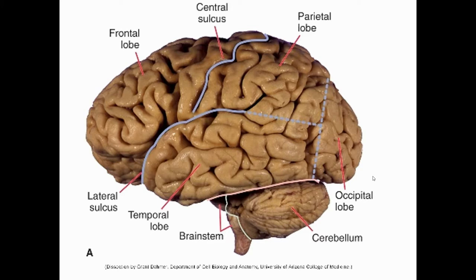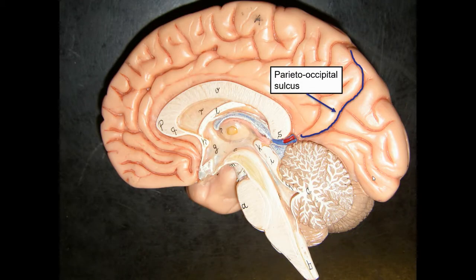Well, to talk about the cortex, it's easier if we divide it up into sections. And so it's divided up into lobes. We need boundaries for the lobes, and so we're going to use sulci. There are some sulci that are pretty much the same on all people. One of those is the parieto-occipital sulcus, but you can't see that one from the surface. You have to open up the brain in order to be able to see it.